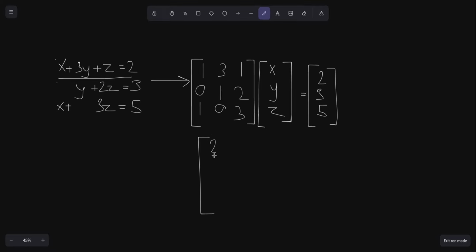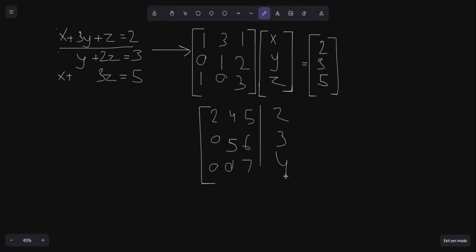So what I mean by that is, let's say we have something like this. And here's an example of something in row echelon form. And let's say that's equal to 2, 3, and 4.